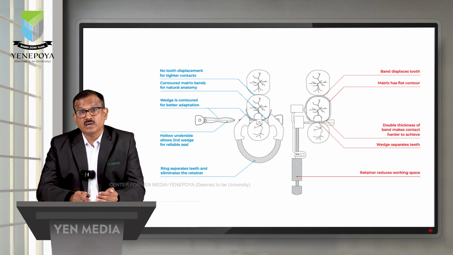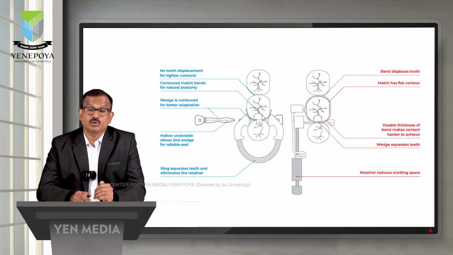When we used to have amalgam, this was okay, because when you condense amalgam, it has the tendency to push the material or the band, and it gets adapted towards the wall very well, because of its malleability, we could condense it well. That is lacking in composite, because here layers are placed and flowable materials are placed, so nothing is going to compress and push the wall. So remember that.